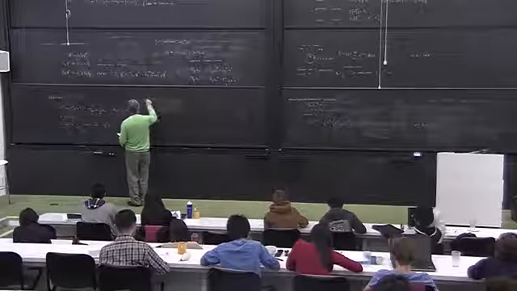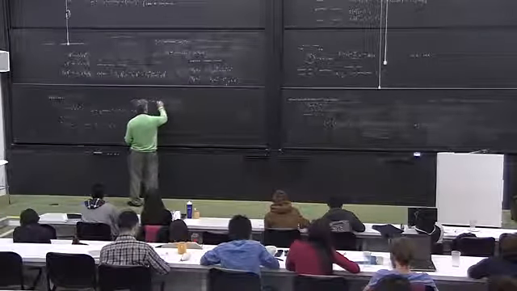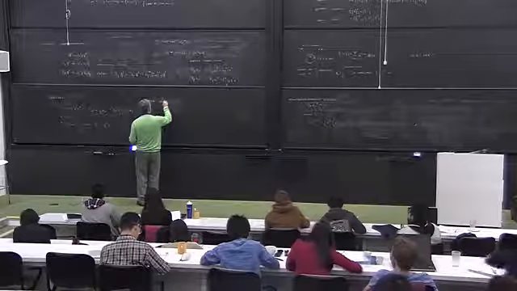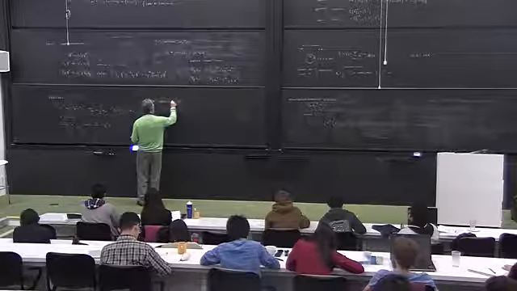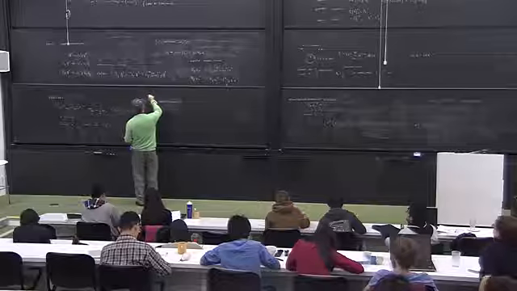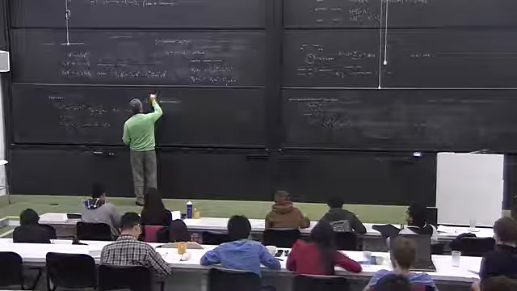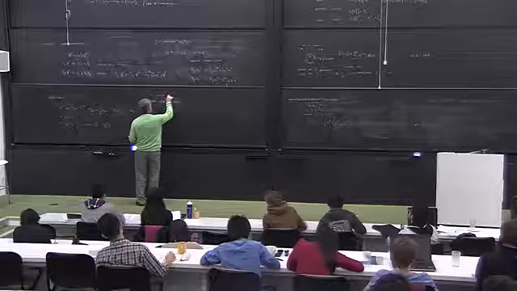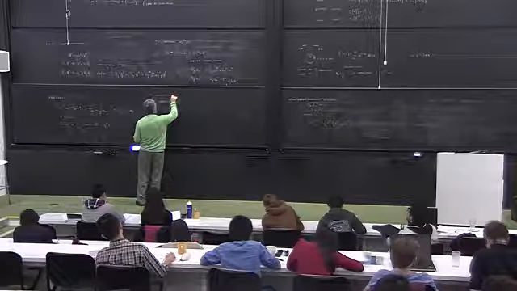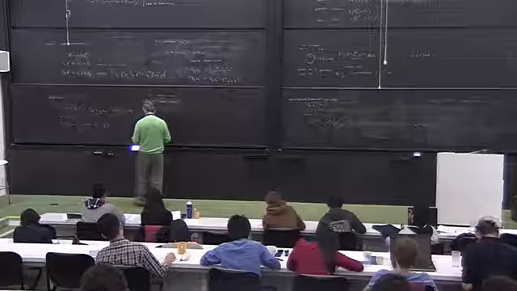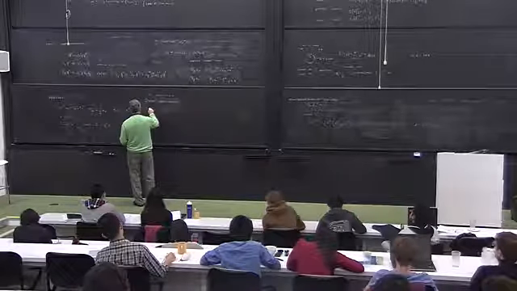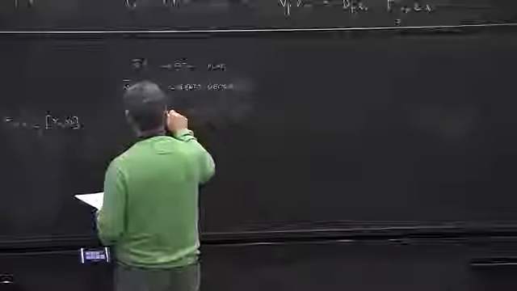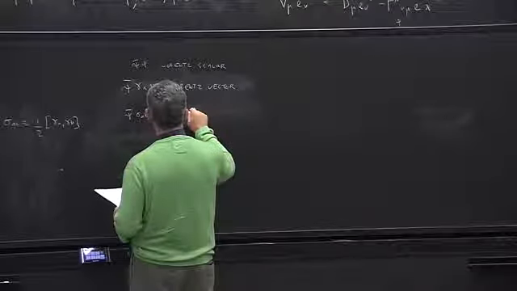So psi bar gamma A psi is a Lorentz vector. Psi bar psi is a Lorentz scalar. And psi bar sigma AB psi is a Lorentz tensor.